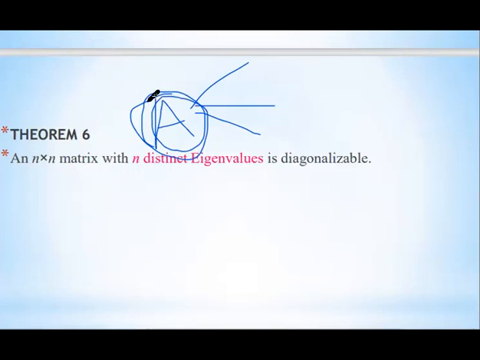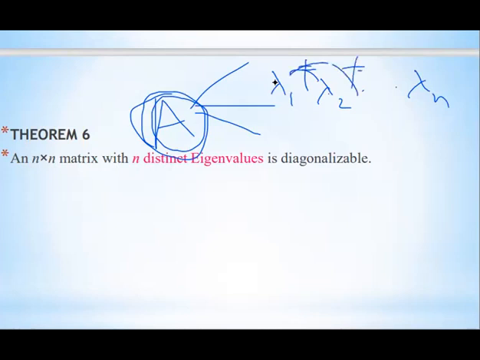So you know this is n by n. Then how many eigenvalues can you find? N eigenvalues: lambda 1, lambda 2, up to lambda n. If these are distinct, that means each one is not equal to the others. These two are not equal to each other.